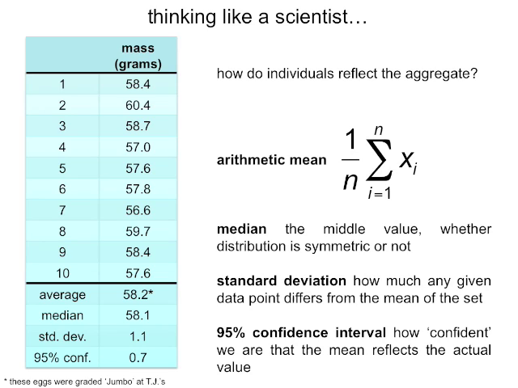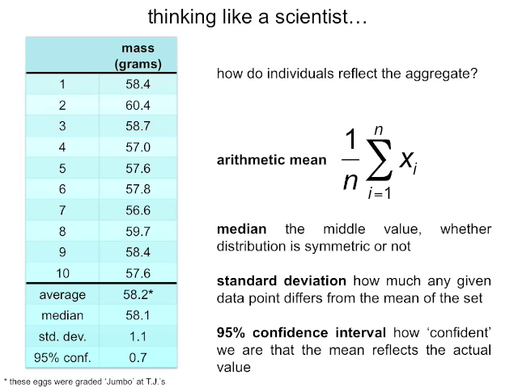But let's look at these numbers. Again, I pointed out that this jumbo egg is by no means jumbo according to the USDA's regulations, 58.2 grams. We'll see that the average and the median are about the same, telling us that our distribution is pretty symmetric around that mean. Standard deviation 1.1, so most of those eggs are going to fall within 1.1 grams of the mean.